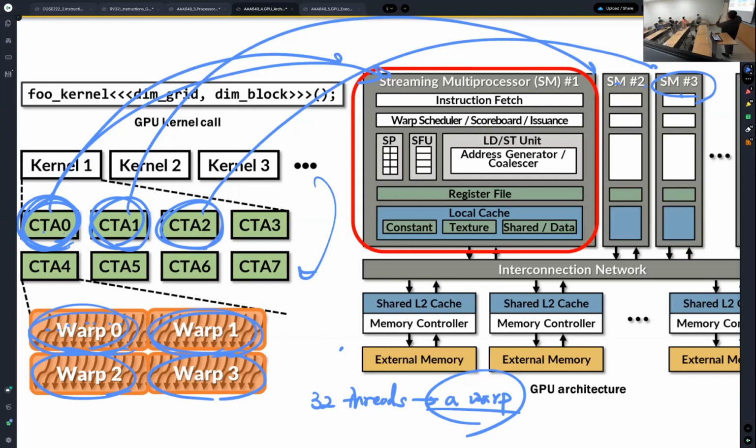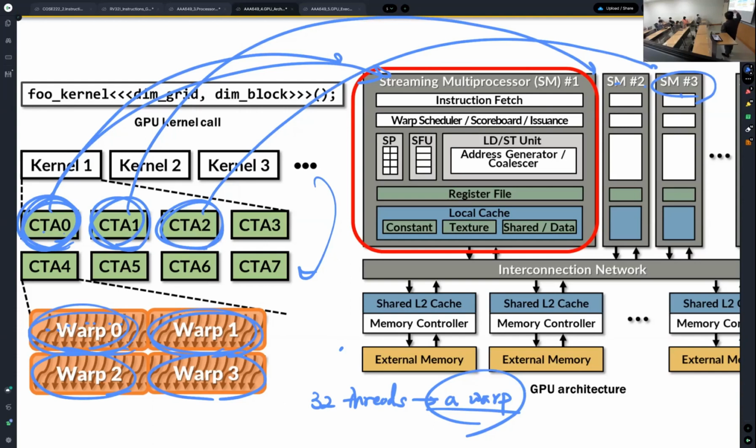It's very similar to threads assigned to a multi-core CPU, right? But in the GPU, the CTAs, also generated from a single kernel, are assigned to SMs, the same processor.